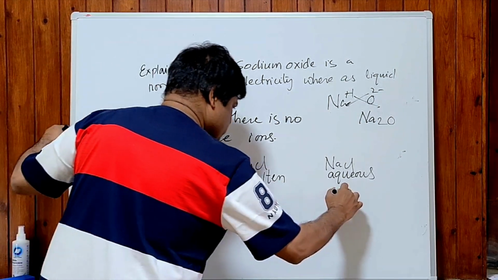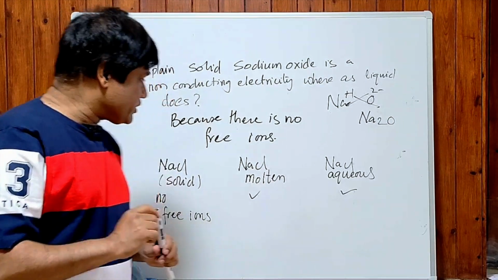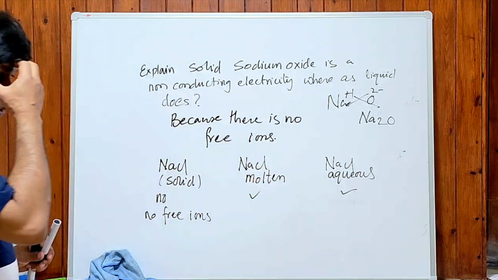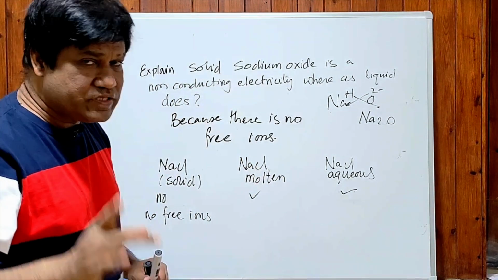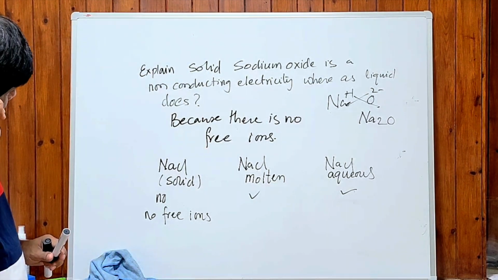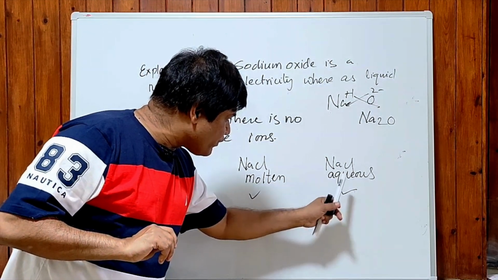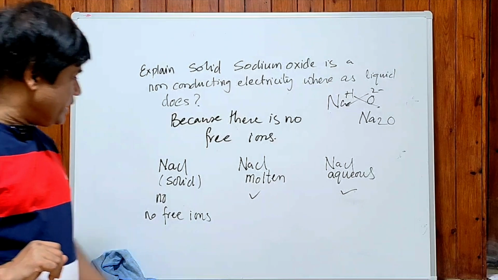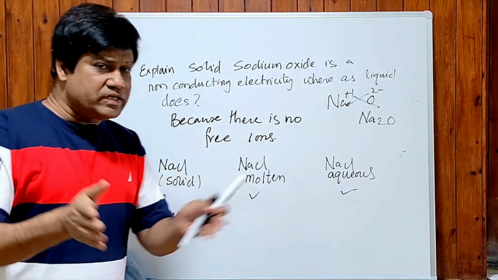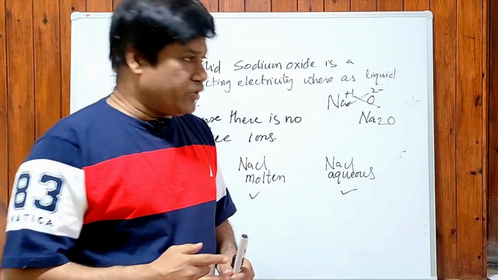Yes. Among these two, which one will conduct more electricity? I will teach you electrolysis, which is a GCSE topic. When we write in terms of electrolysis, more ions are produced in the aqueous solution, and fewer ions are produced in the molten state. All these ions move to the respective electrodes, the anode and cathode.